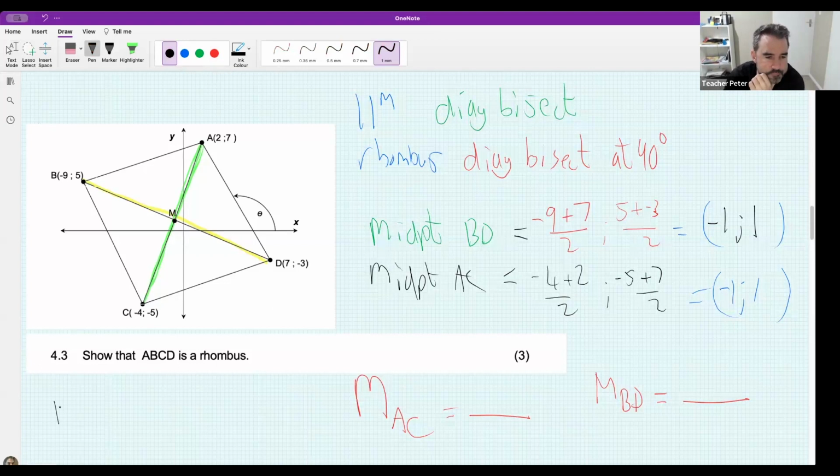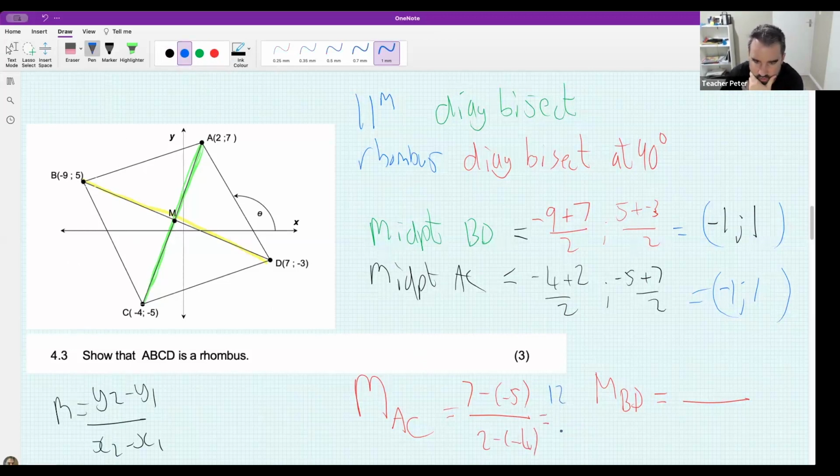So we know what the gradient formula is. So 7 minus minus 5 over 2 minus minus 4, which gives me 12 over 6, which is 2. And for BD, I'm going to go, oh wait, not minus 9.